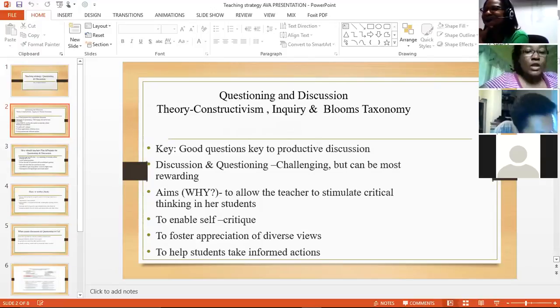So the first point that I wanted to make was that good questioning is the key to productive discussion. You must start off with good questioning, and from there you proceed to good discussion.